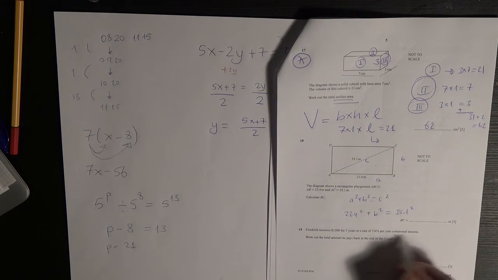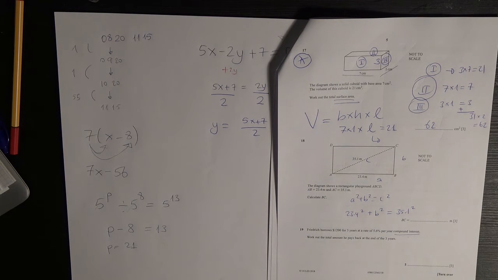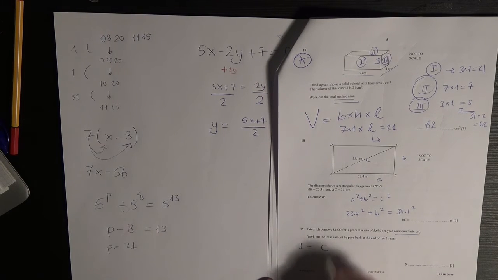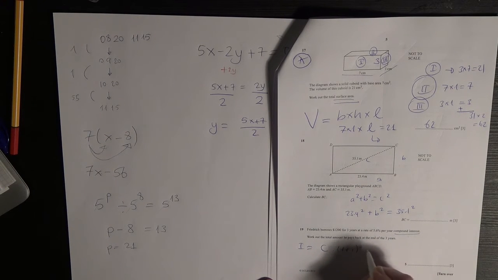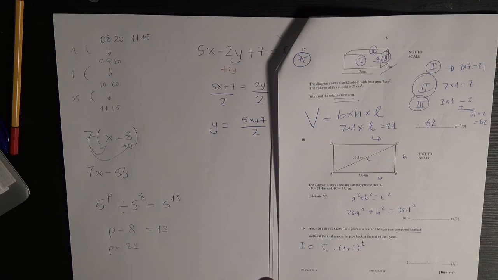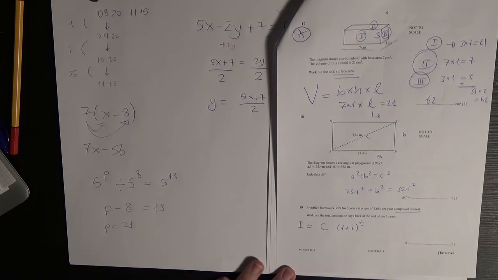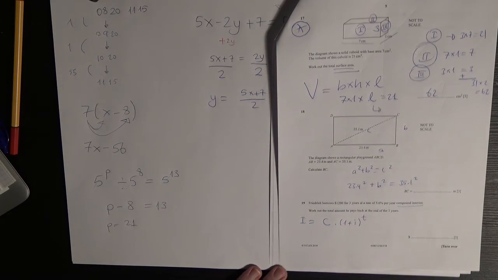Compound interest, we haven't done that, but there's a simple formula. You get the money. Compound interest is the money. We show it as C times 1 plus interest rate to the power years time. Well, it looks like a gibberish, but we'll do it quite soon.